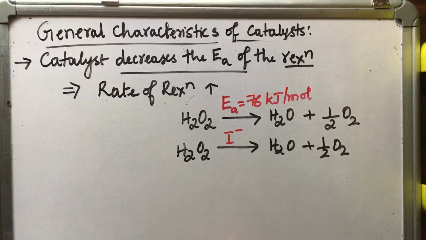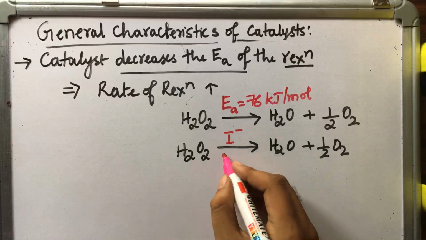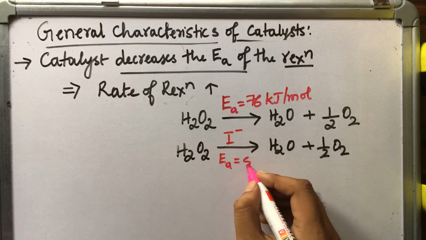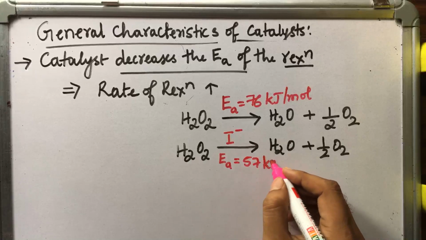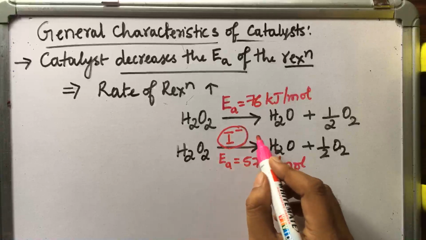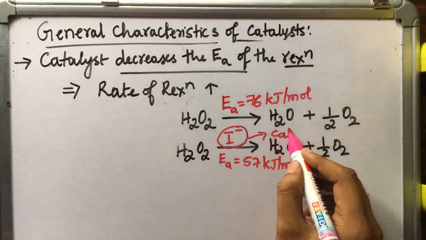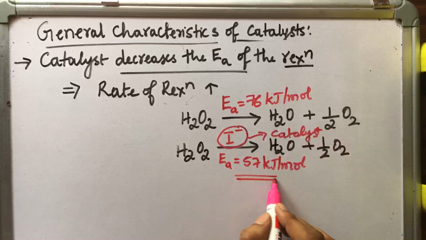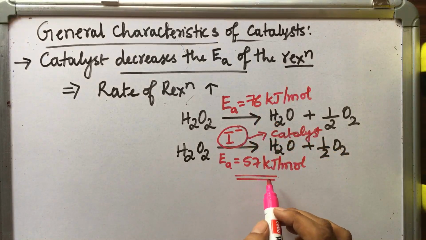Alkaline iodide is used as a catalyst. Now the activation energy of this reaction is decreased, so it is 57 kilojoules per mole. Definitely you can understand, in the presence of I minus as a catalyst, the activation energy of the reaction has decreased from 76 to 57 kilojoules per mole.